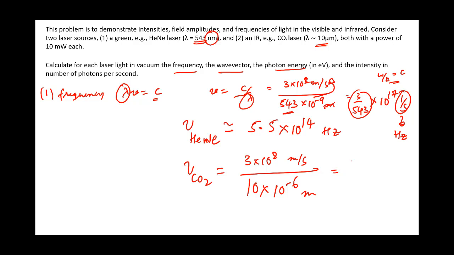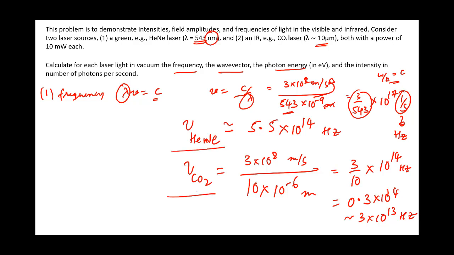So that's 3 by 10 times 10 to the power 14 hertz, or roughly 0.3 into 10 to the power 14, or you can write it as 3 times 10 to the power 13 hertz, right? So we got the frequencies for helium neon and carbon dioxide using the dispersion relation lambda nu is equal to c.